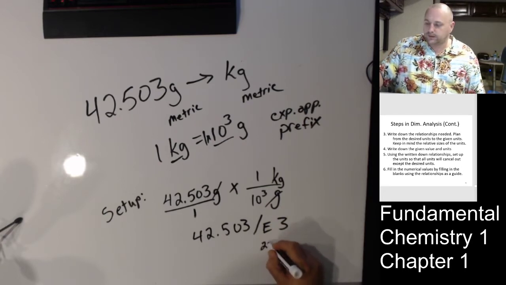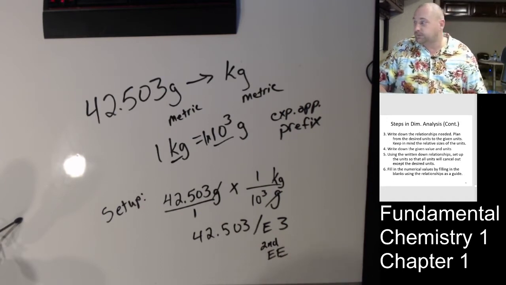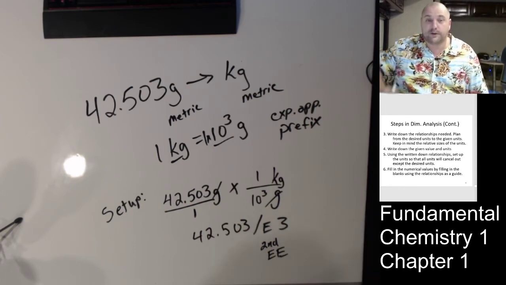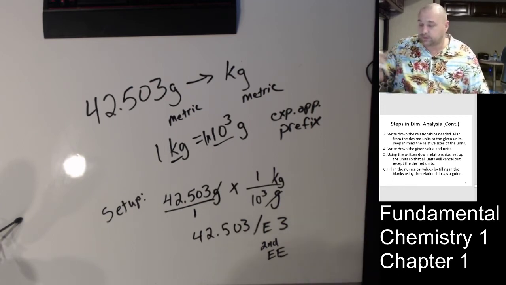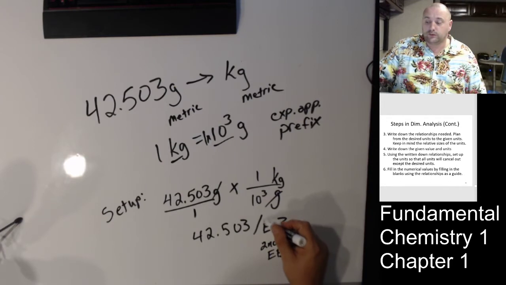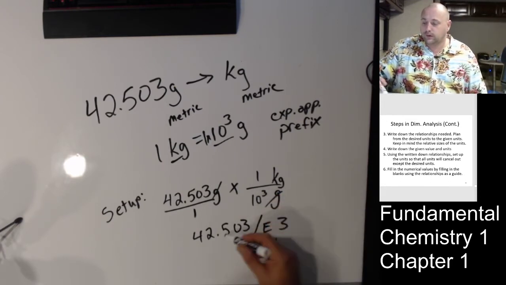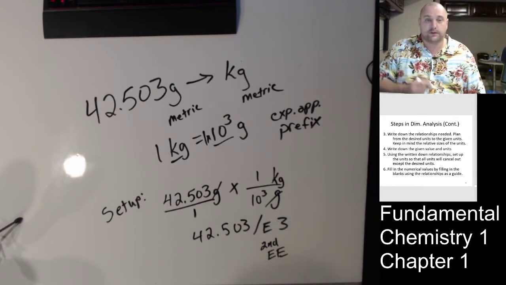And you do that by hitting second, and it's the button EE. It's above the 7. Remember, don't do 10E. That 10 is built into the E. All right. So second, EE, then the 3.